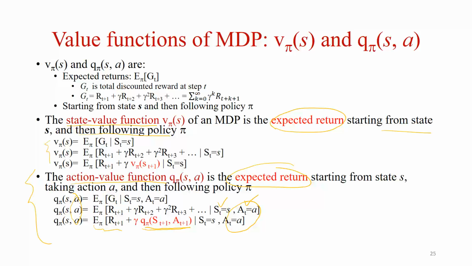I want the best action value for my Markov decision process, because what comes out of the Markov decision process are actions, and I want to maximize their returns. The action value computes the expected return.